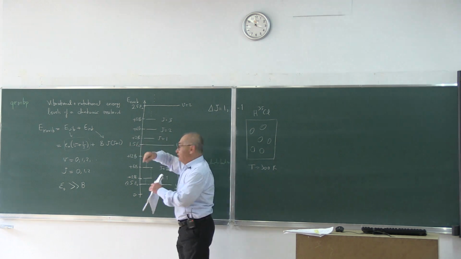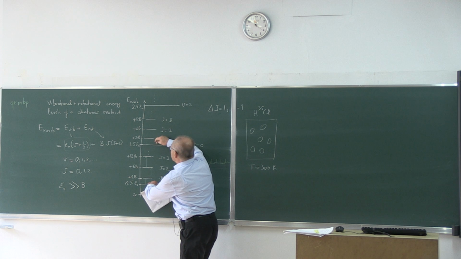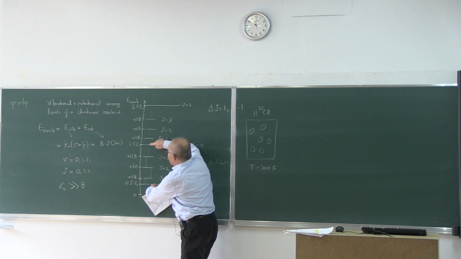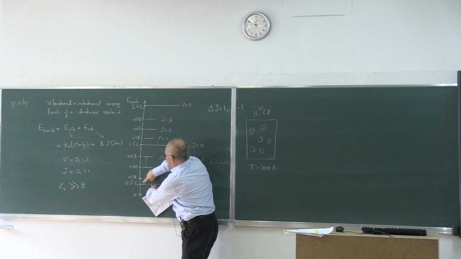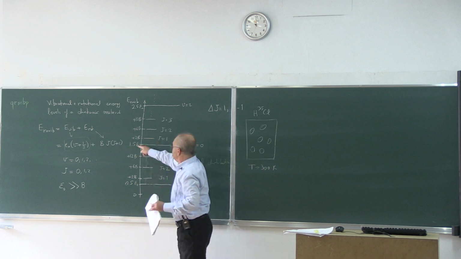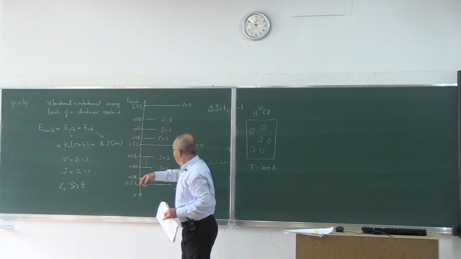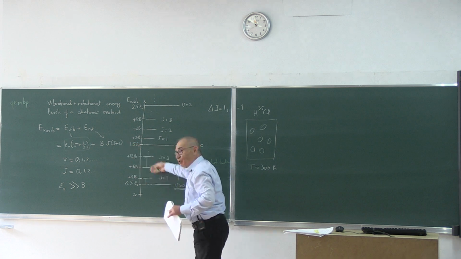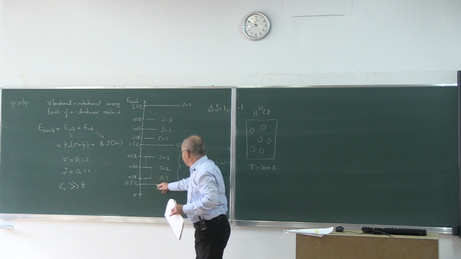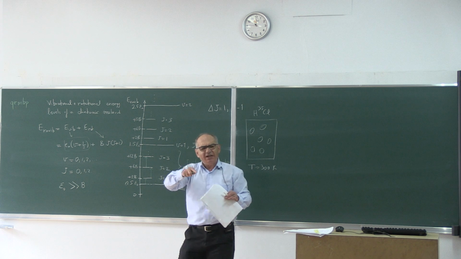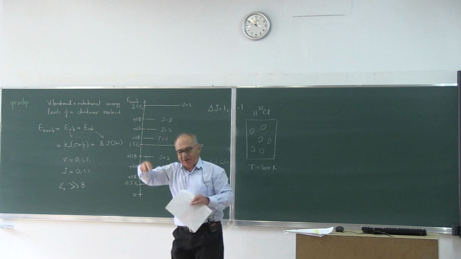Those photon energies are much smaller than the difference between vibration levels. The difference between this level and that level is just F0, but F0 is 3000 wave number. Which means all of these transitions that I show here are such that the vibrational states are the same. Vibrational state of the initial and final state are the same.